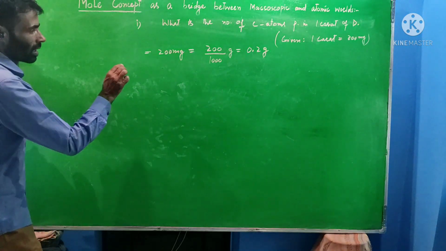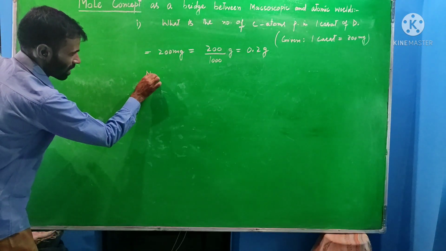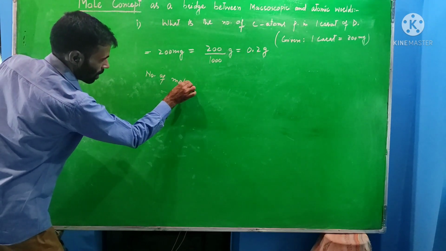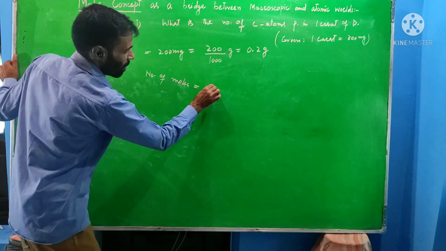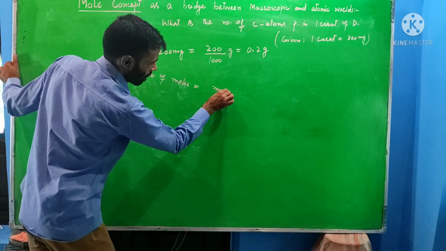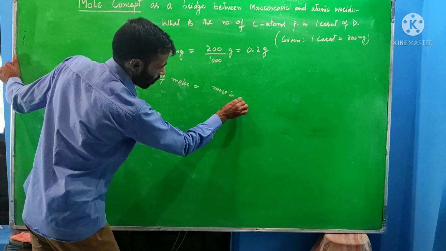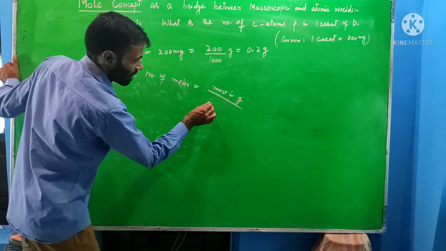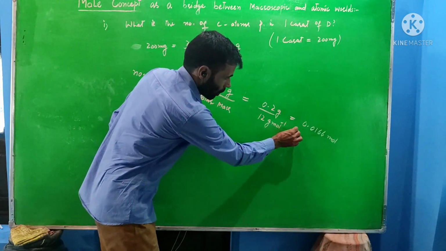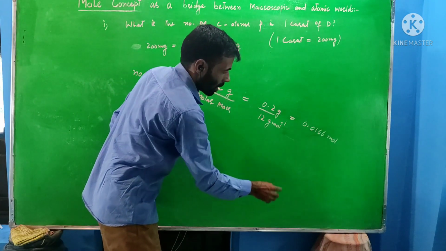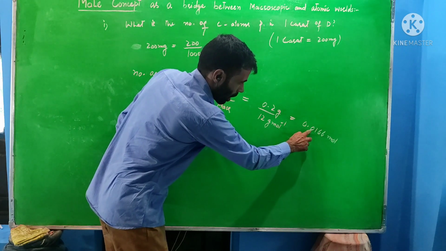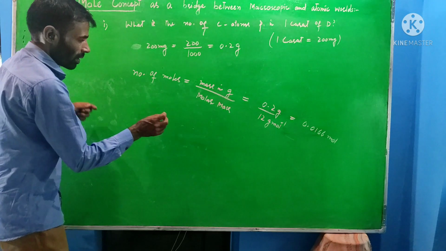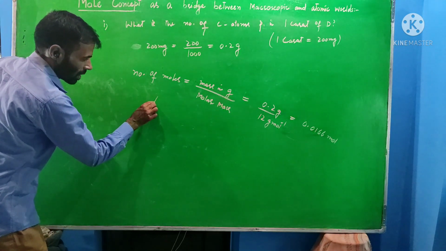Now, for the number of moles, we will use this formula: number of moles is equal to mass in grams of that substance divided by molar mass of that substance. So in 1 carat of diamond, there are 0.0166 moles of diamond.